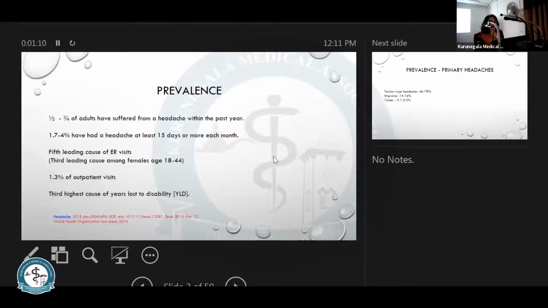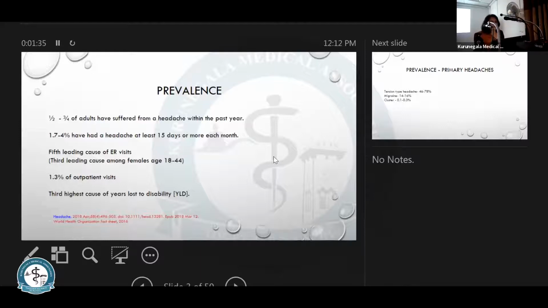Now when we talk about all the headaches, primary as well as secondary, half to three quarters of adult patients have experienced a headache within the last year. So it's quite a number. 1.7 to 4% of patients have a headache at least half of a month.